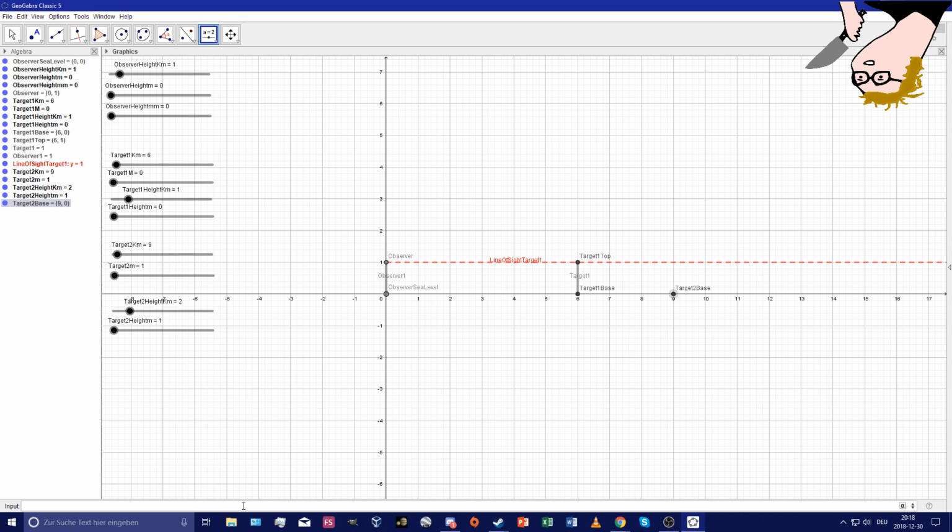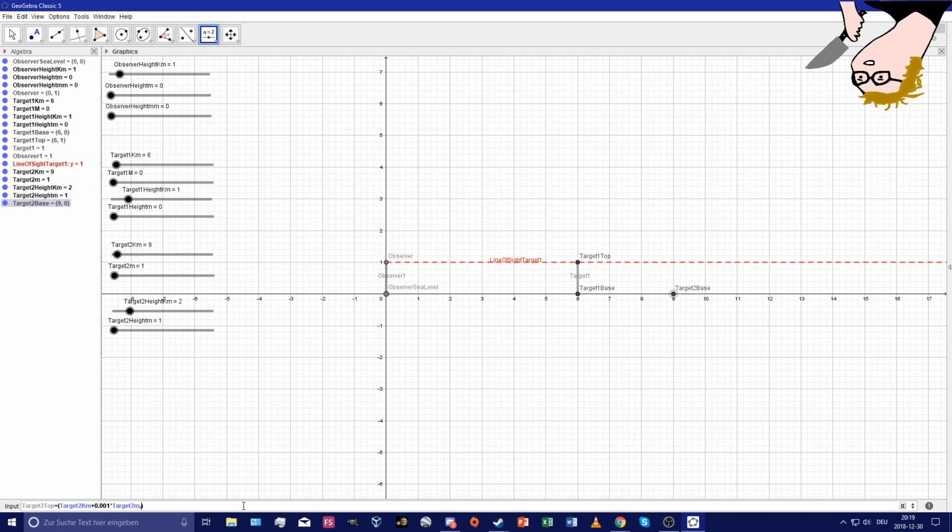Okay. And then target 2 top equals target 2 kilometers plus target 2 meters times 0.001, that's the x value.